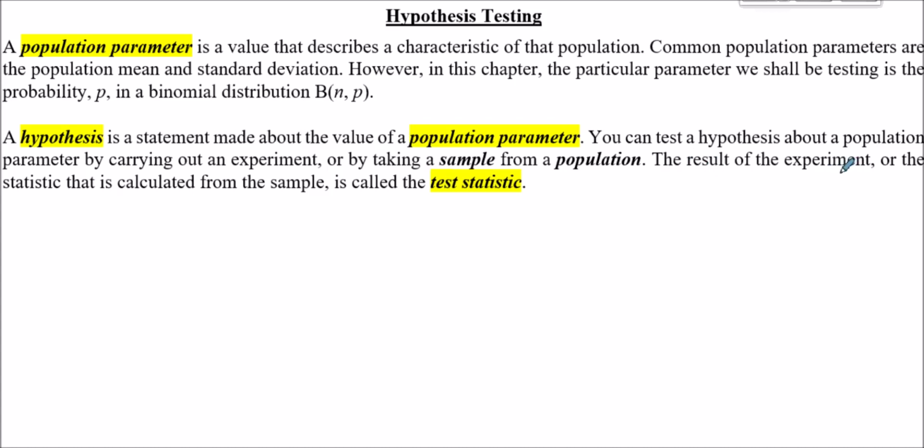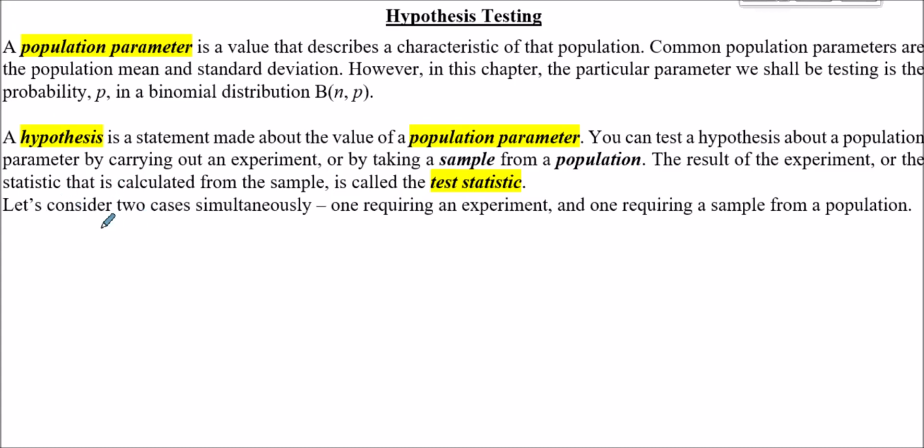The result of the experiment, or the statistic you can calculate from the sample, that's going to be called the test statistic. So in the terms of flipping the coin, the test statistic would probably be how many heads you get. And the population parameter would be, for example, the probability of landing on heads.